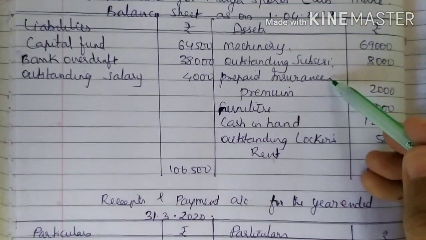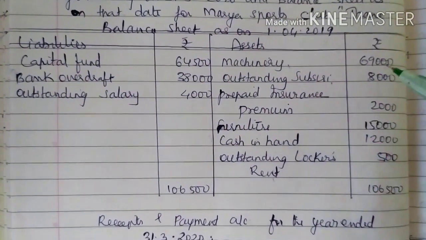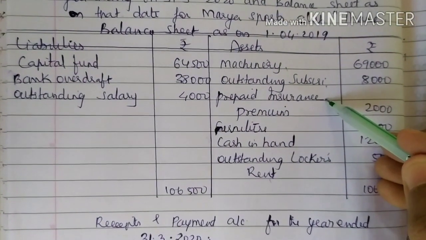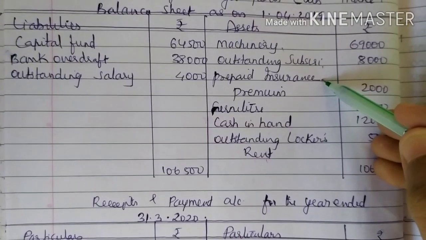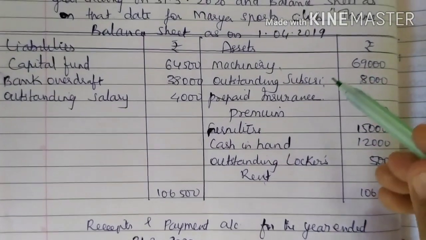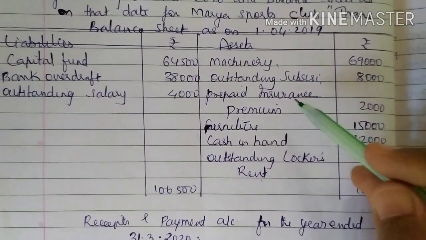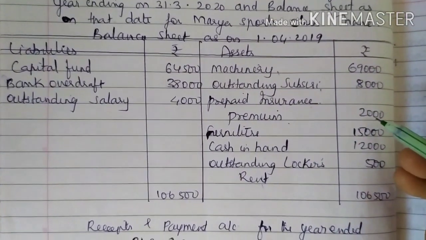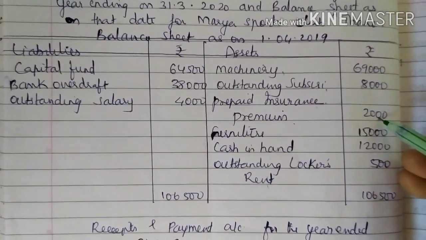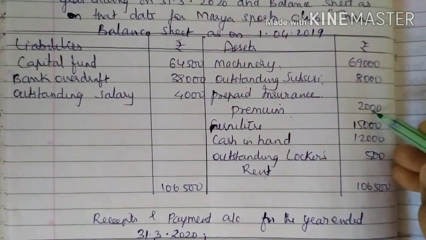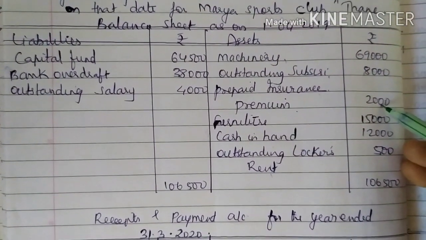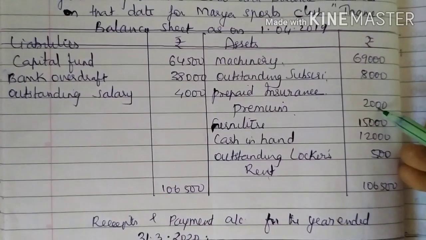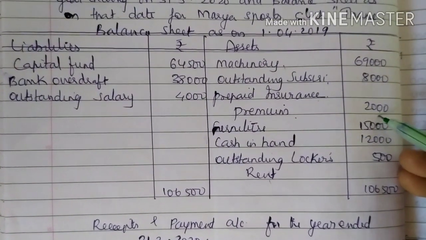Next we have here insurance premium. Insurance premium is an asset. Last year you might have paid it, it is given in asset as prepaid insurance premium. So insurance premium was paid in advance in the last year.